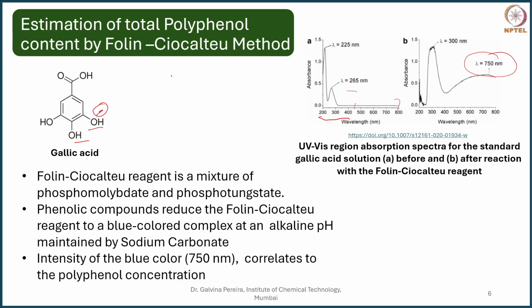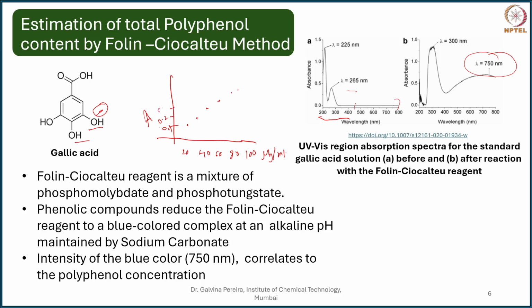You can use standard amounts of gallic acid, say 20, 40, 60, 80 microgram. And then you can see absorbance readings like 0.1, 0.2 and so on. Then you can plot a graph.